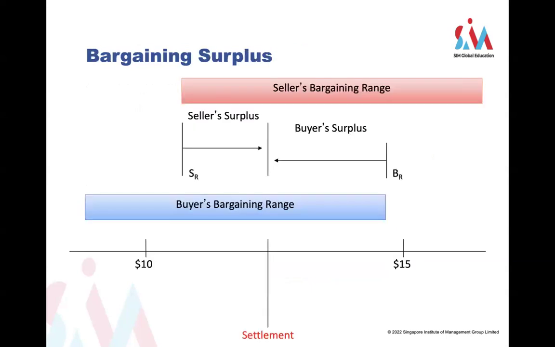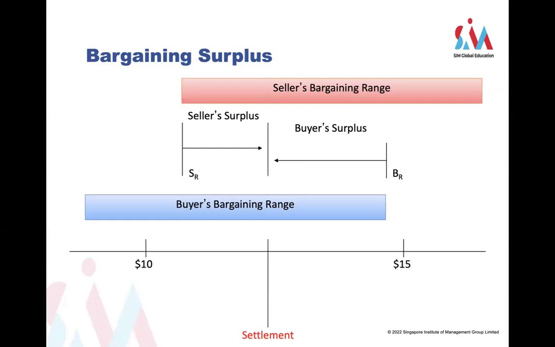What about surplus? Let's say in this scenario, the settlement is $12.50. Now, the seller is willing to let go of the product at $11 and manages to close the deal at $12.50. So the seller will get a surplus of $1.50.